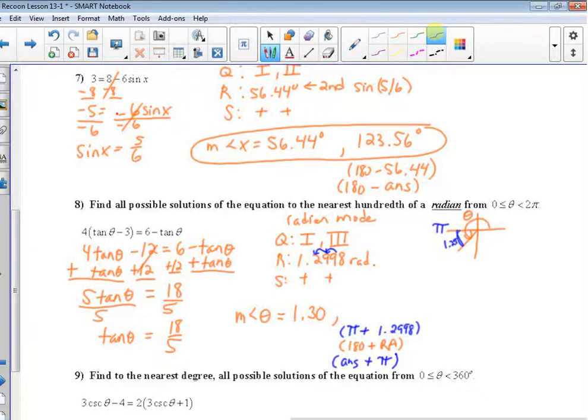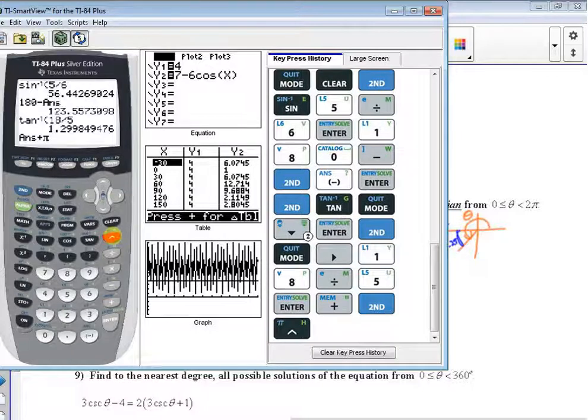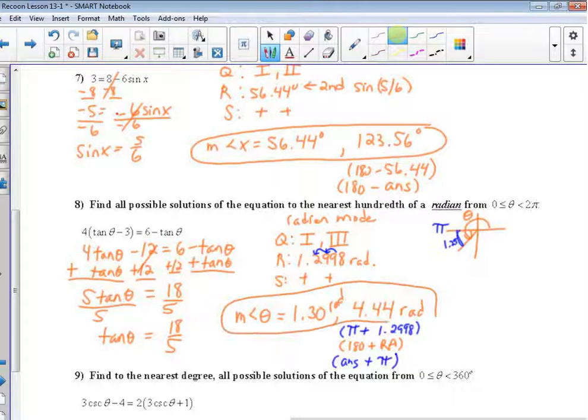Okay? So let's go do that. So I have that, so I'm just going to hit plus. It's going to say answer plus, and then I want to add 180, but in radians. So 4.44. So that is the answer, and that's radians, to the measure of angle theta there.